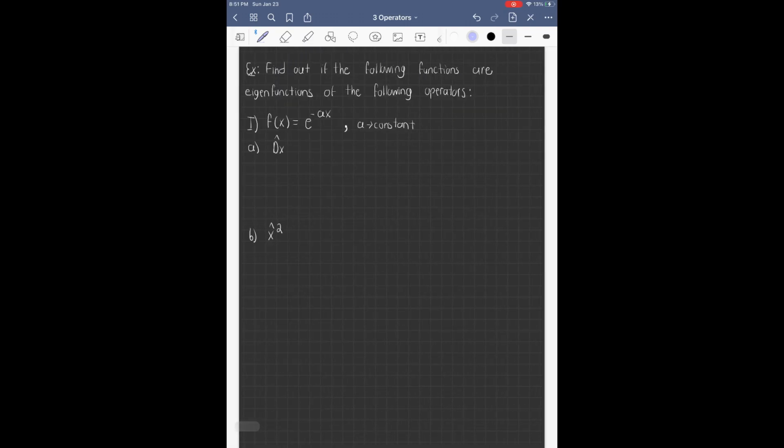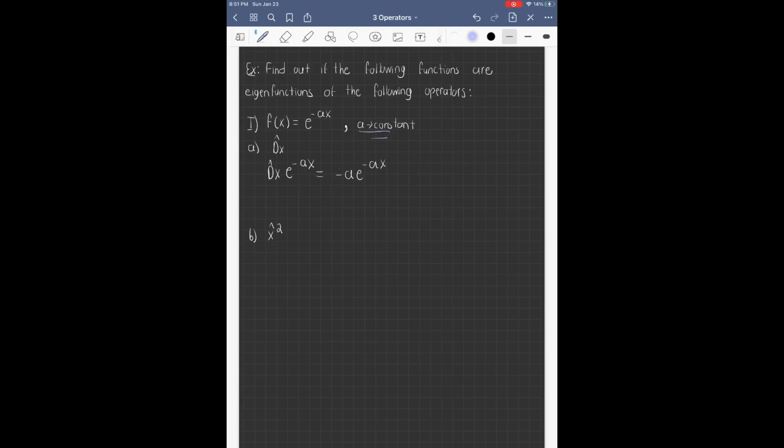All right. Anything else? Oh, eigenfunctions are next. So let's go on to another example, which is eigenfunctions. Let's say I need to find the eigenfunctions of the following operators, and also list their eigenvalues. Let's do the derivative operator onto e to the negative a x. A is just a constant, just to let you know. You take the derivative of this, what will it equal? It's the chain rule, so it's negative a times e to the negative a x.